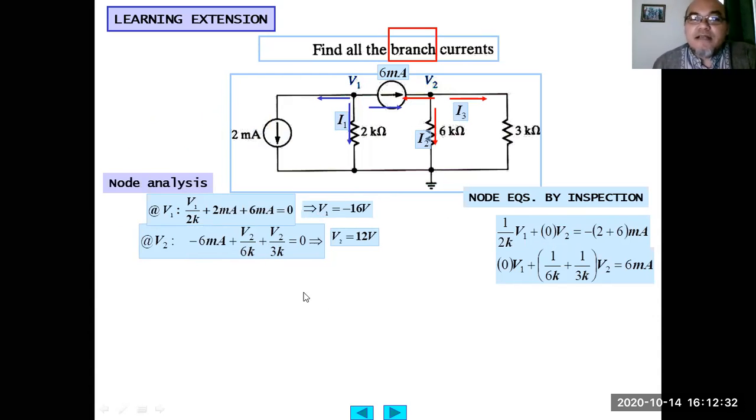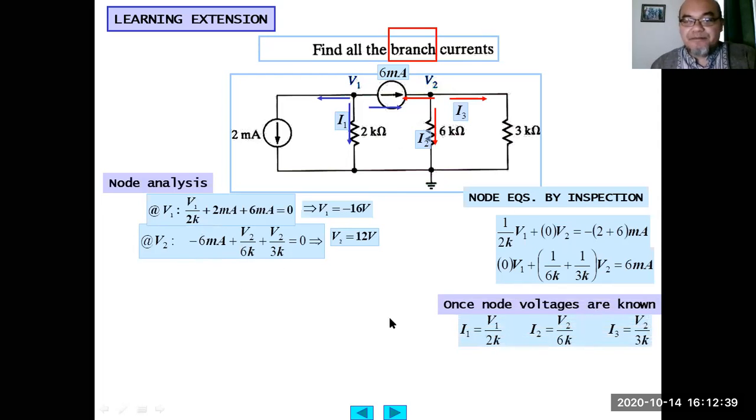Then the current flowing through the 2 kilo ohm, 6 kilo ohm, and 3 kilo ohm can be calculated easily using Ohm's law. I1 is V1 divided by 2K, so minus 16 volt divided by 2 kilo ohm is negative 8 milliampere.